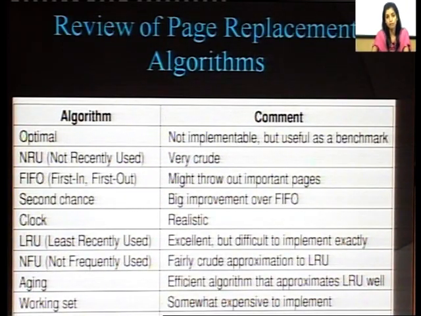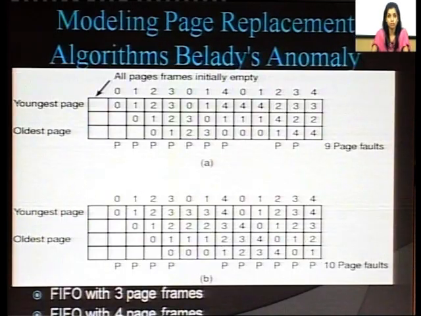So there are a number of replacement algorithms through which we can replace and swap a particular page in main memory. So this is modeling page replacement algorithms. Here are some problems related to FIFO, first in first out.